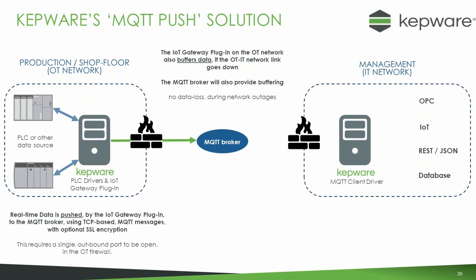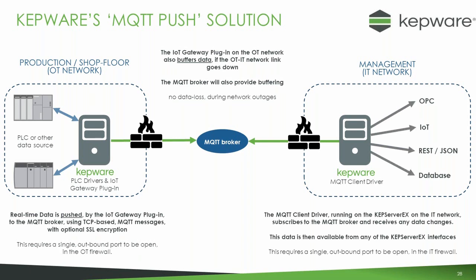So between those two things, you should have quite a good solution for buffering any data if you have network outages. On the right-hand side, you have your IT network and your MQTT client driver from KEPSERVER. That simply goes to that MQTT broker, subscribes to the data, and gets fresh data out, which you can then pass on to applications which it's serving.